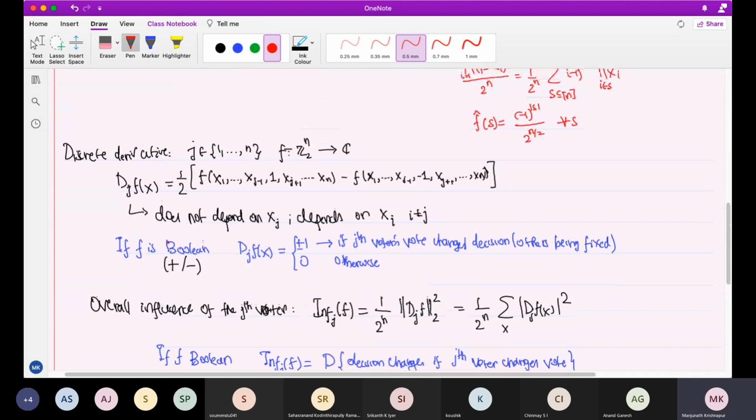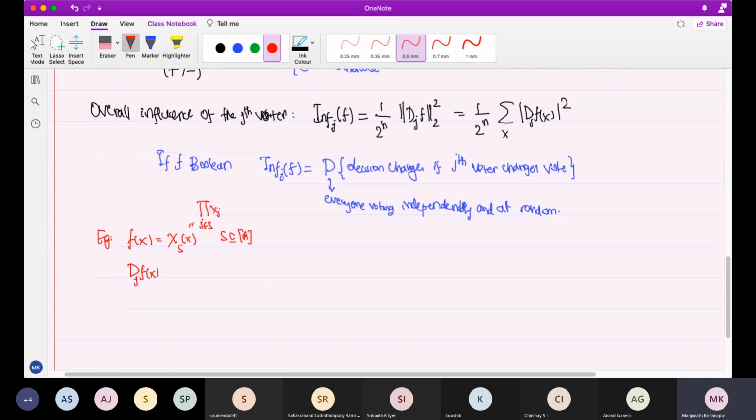Okay, so d_j f of x is this: you set the jth coordinate to be 1 and the jth coordinate to be -1, and take the difference. Now it is kind of clear that this will be 0 if j does not belong to S. Right? If j does not belong to S, then putting that in will not make a difference.